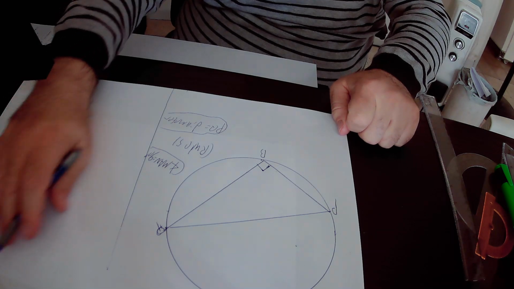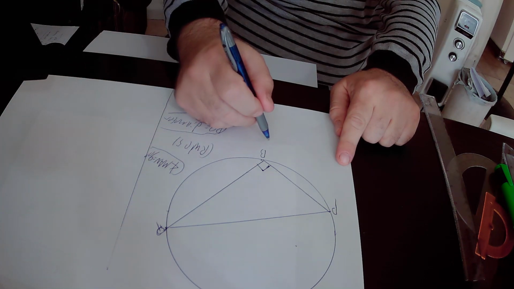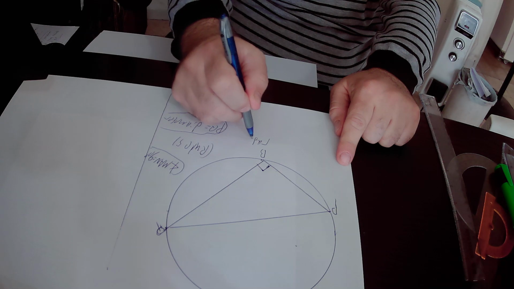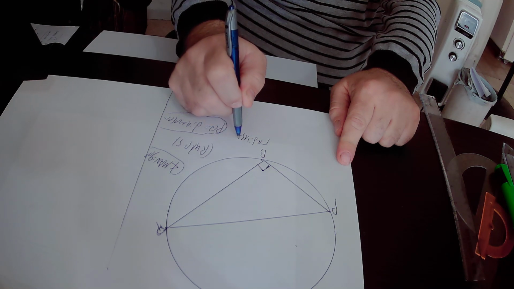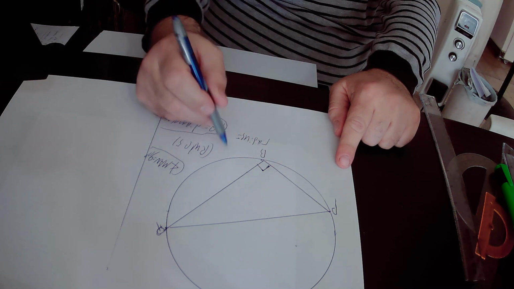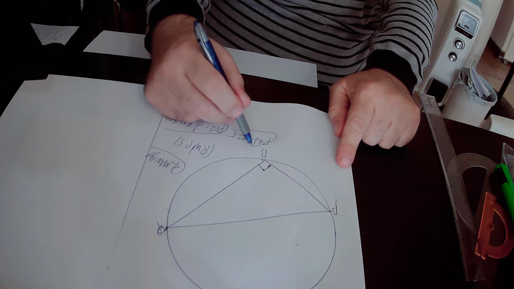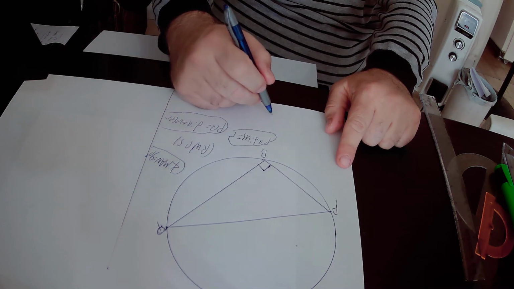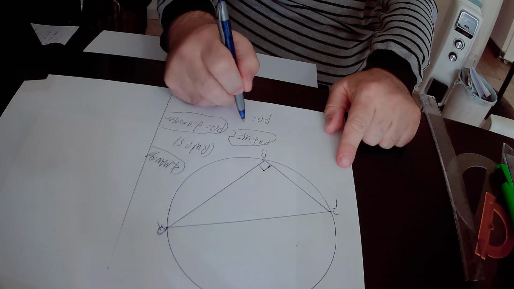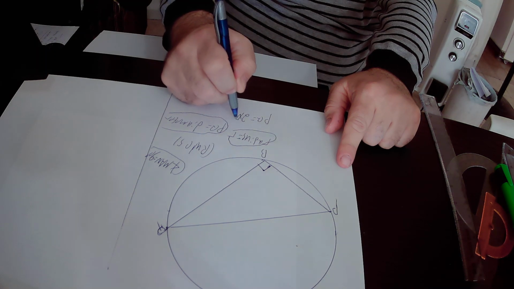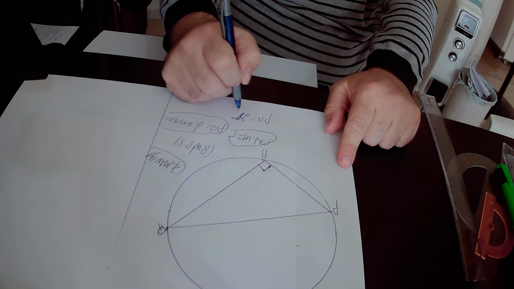If we define the radius of this circle as R, then the diameter PQ must be equal to 2R. Okay.